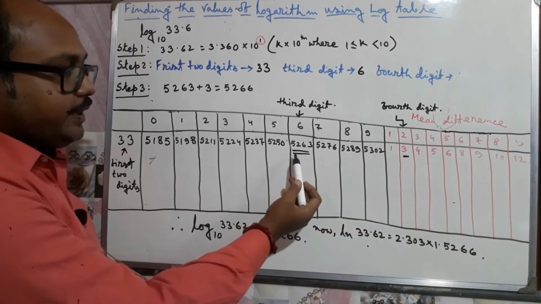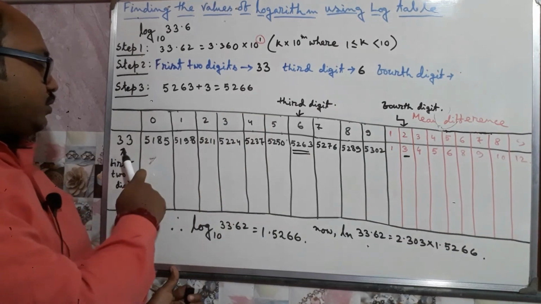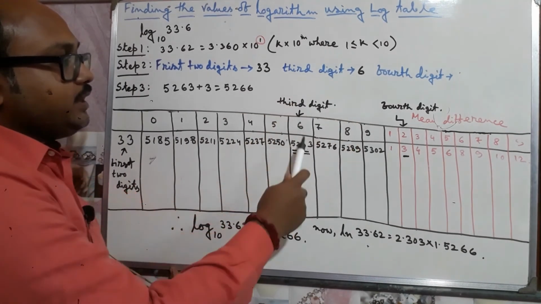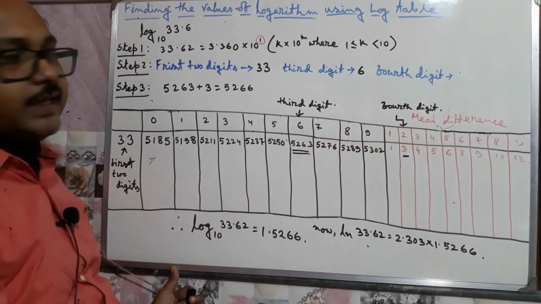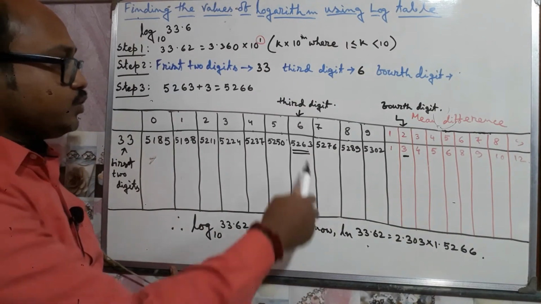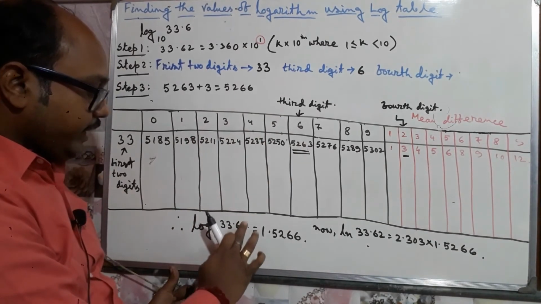The value will remain 5263. For the first two digits the row will be 33, for the third digit the column will be 6, and for the fourth digit no digit is there, so no need to take the value from the mean difference.